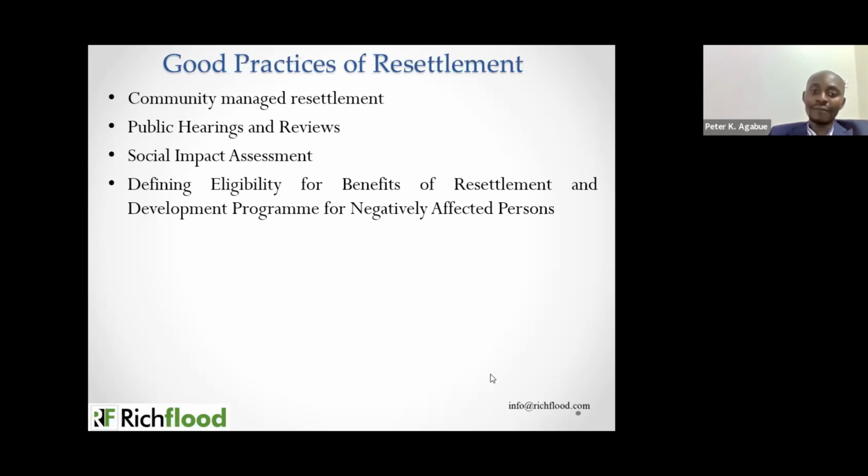The more the resettlement program is community and collectively centered, the greater the chance of it succeeding. Public hearing and review is widely used as a strategy in certain countries to ensure people participate in the decision-making process.